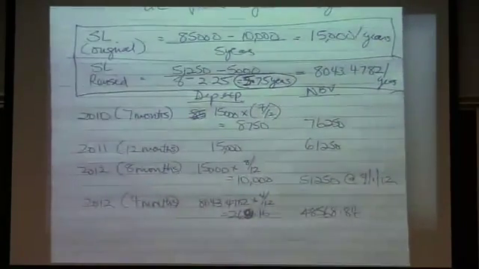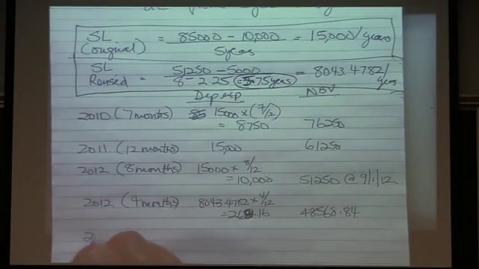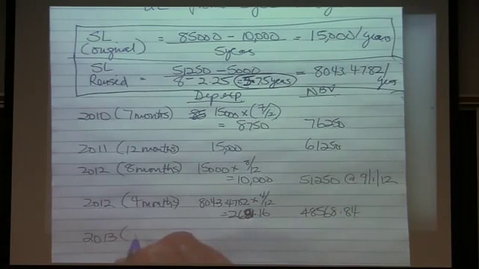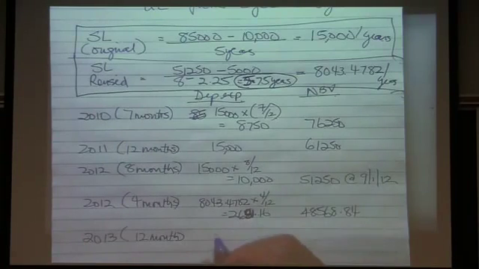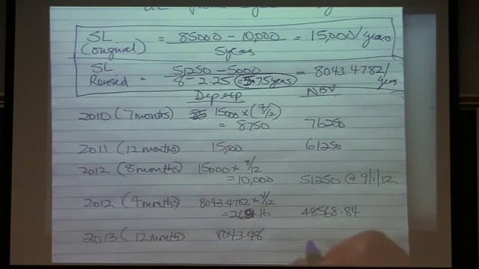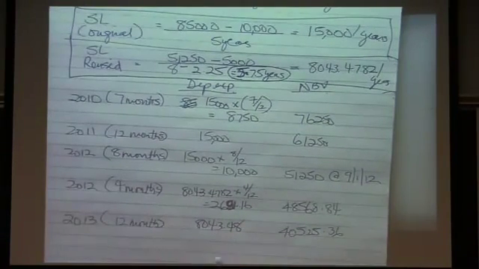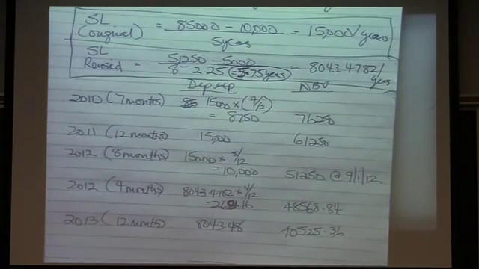Now, if we continue on, you'll see that in 2013, that's 12 months, we're going to take the 8,043.48 as the yearly amortization. Net book value is 40,525.36. And if you continue on, you'll realize that the total depreciation is going to be $80,000.